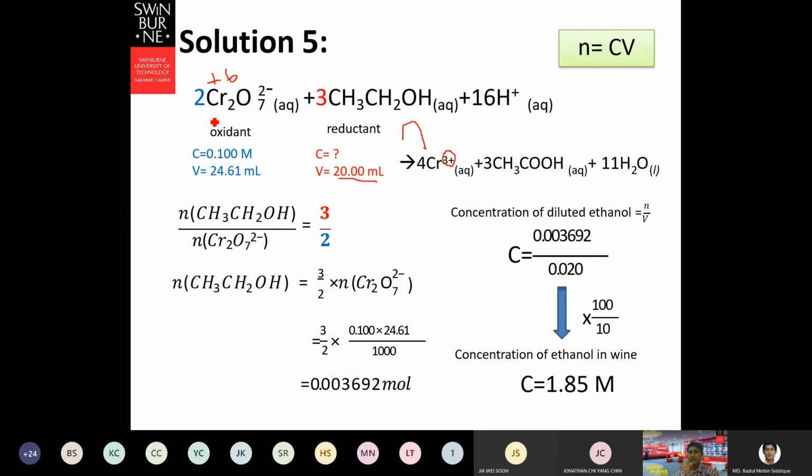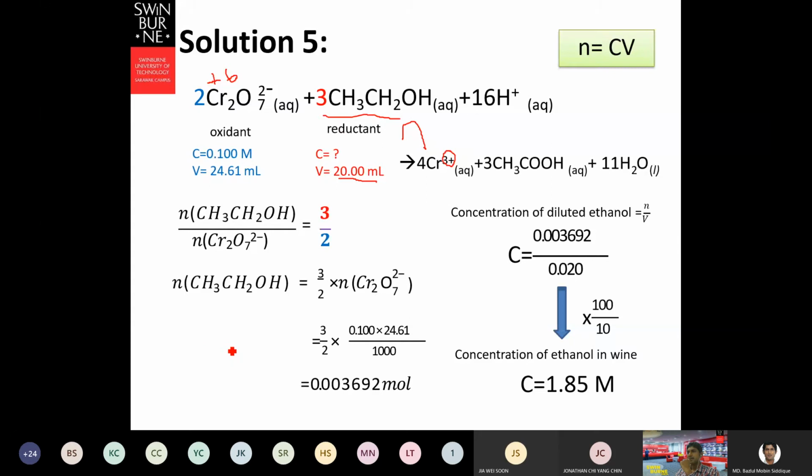Chromium is going through this reduction because it is taking up the electrons, and it goes in the same way, that is N1, C1, V1 equals N2, C2, V2, and from there we can find the concentration of ethanol in the wine or the alcoholic beverage.